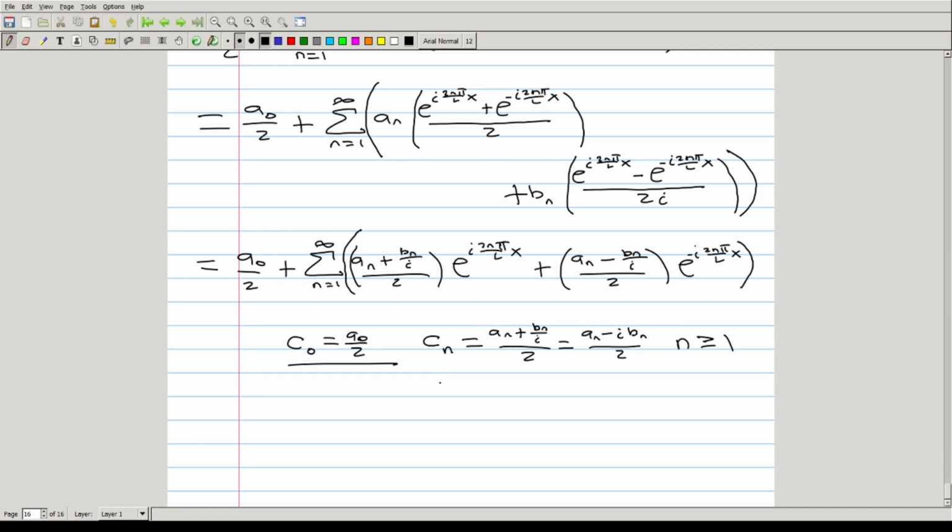And then c n is a n minus b n over i, over 2, which is the same thing as a n plus i b n over 2 when n is negative, that is, for the negative indices.